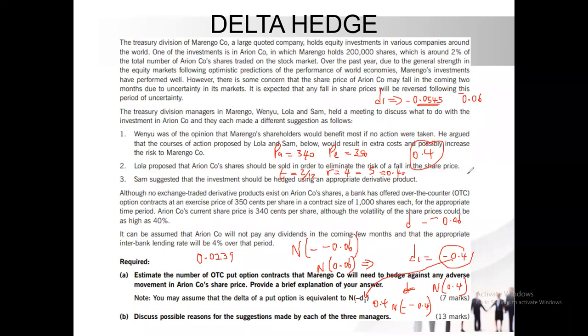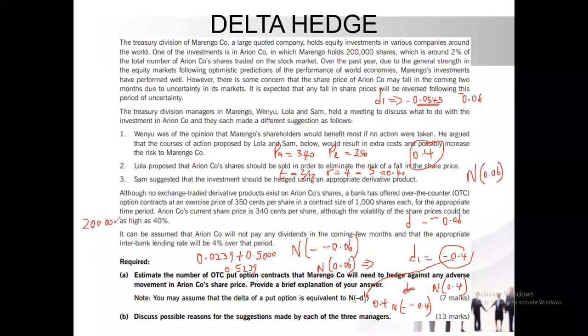So we'll find a normal distribution of a positive number. You're finding a normal distribution of a positive number, so you still add your 0.5. Please add your 0.5 there: 0.5239. So how many options should you write?